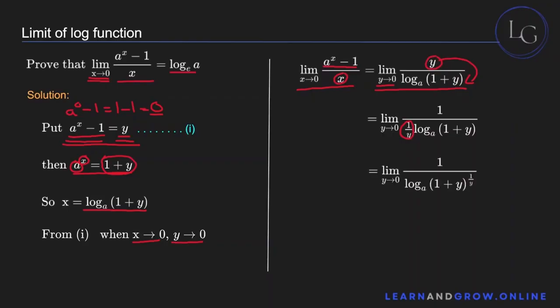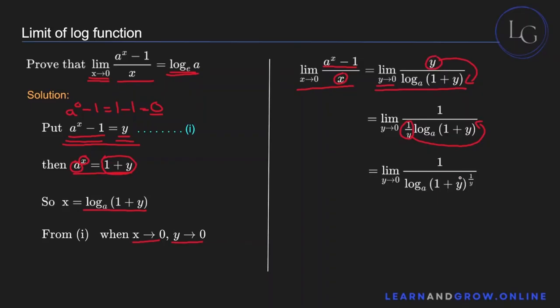Okay, now that you have this, you can take this 1 over y to the power of 1 plus y over here, log a of 1 plus y, because that's the rule of logarithms. Anything being multiplied with a logarithm goes to its power. Now that you have this, you have to prove that it is equal to log e of a, the natural log of a.